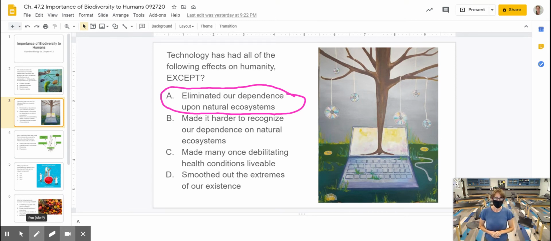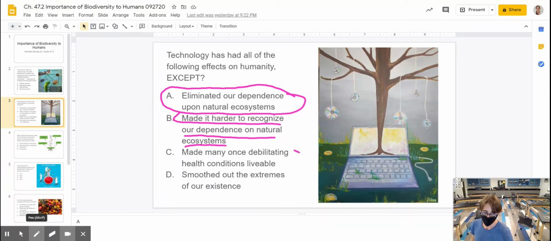Okay, so whereas it is true that it has made it harder for us to recognize our dependence on natural ecosystems because we don't live out there in the elements, we aren't necessarily growing our own food or gathering or hunting it ourselves. So it's hard to recognize our dependence, but we are certainly still highly, indispensably connected and dependent upon natural ecosystems.